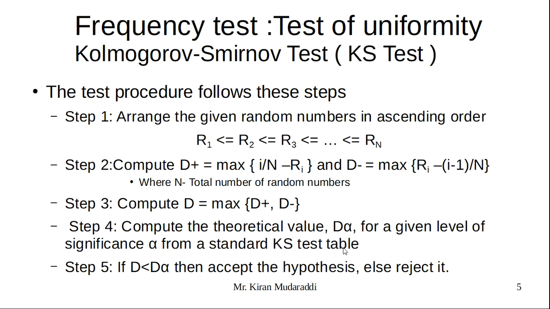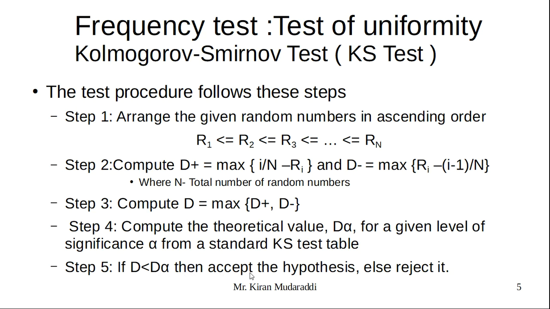The table will be given in the exam when you are solving the problem. The final step: if D is less than D alpha, we accept the hypothesis; else we reject it.